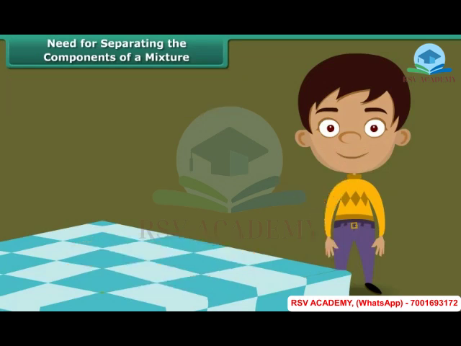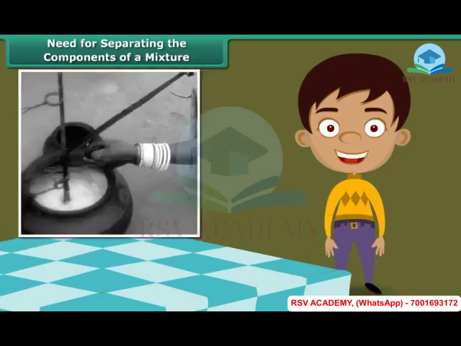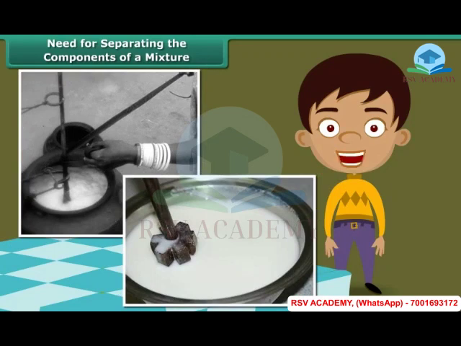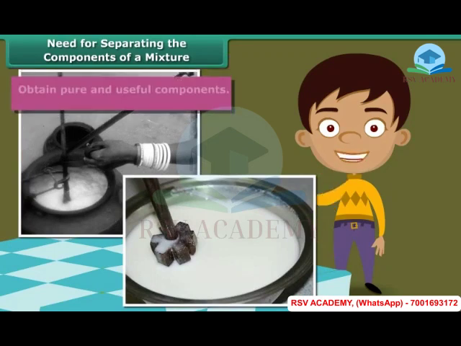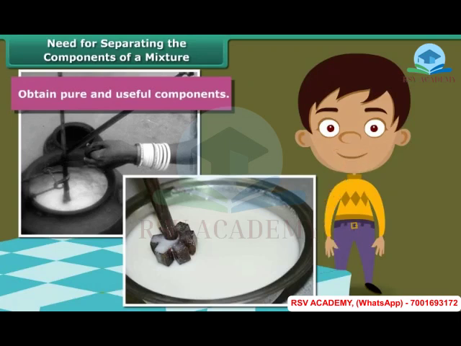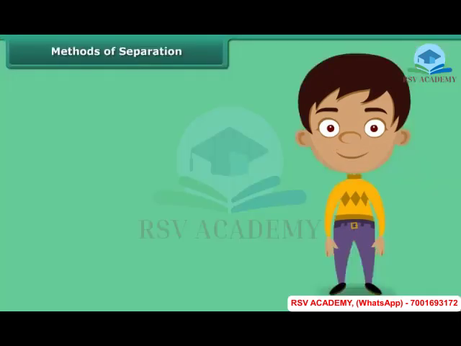When we churn milk or curd, we get two different but extremely useful products, butter and buttermilk. Thus, the third reason for separating the components of a mixture is to obtain pure and useful components. You sure would have some idea about the methods of separation.